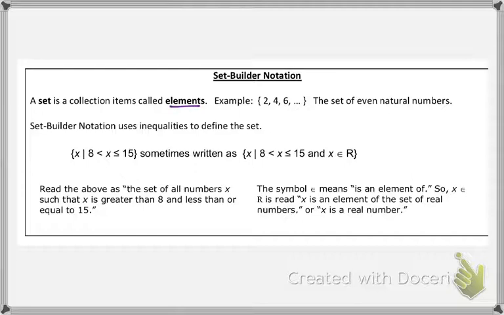Okay, and then in this case we have the solution is the set of all real numbers x such that x is between 8 and 15, including 15. And then sometimes you will see it like this. And then that little e just means element of, so that just means x is a real number.